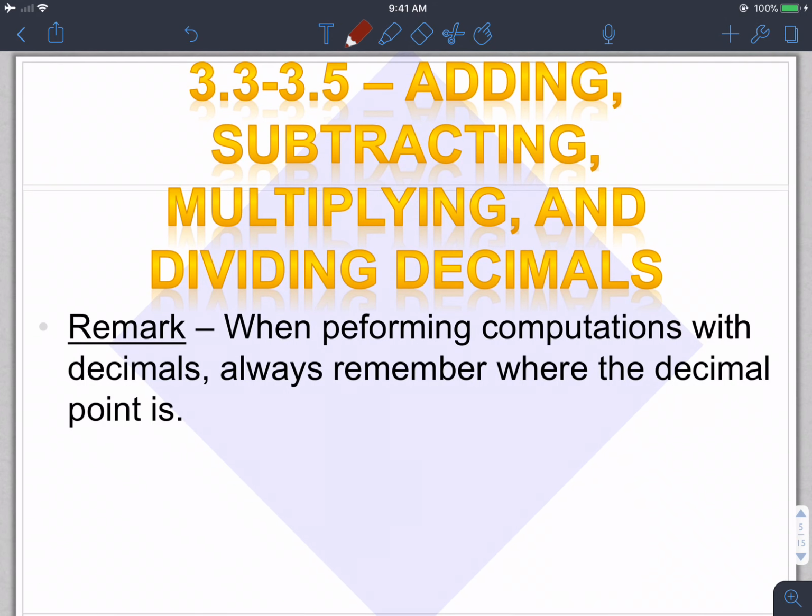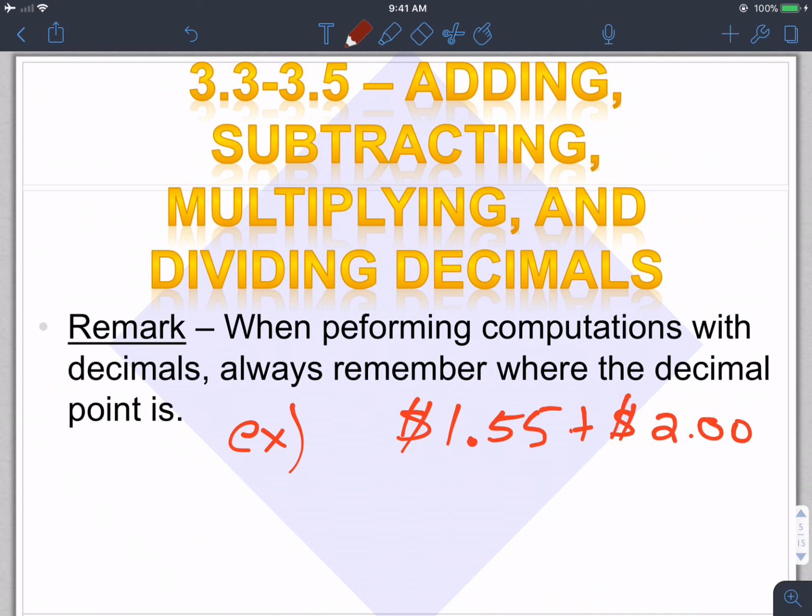3.5, adding, subtracting, multiplying, dividing decimals. When performing computation, always remember where the decimal point is. Example. 155 plus $2. 155 plus $2, you get 355, right?